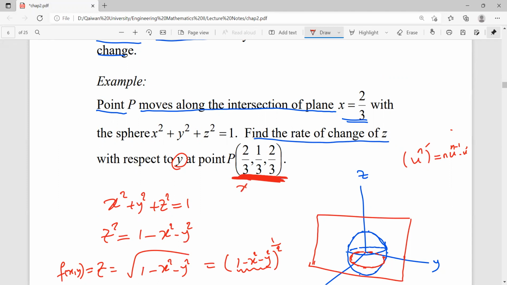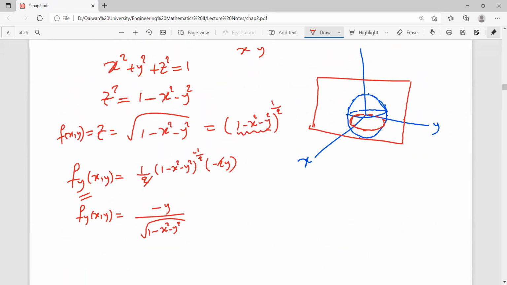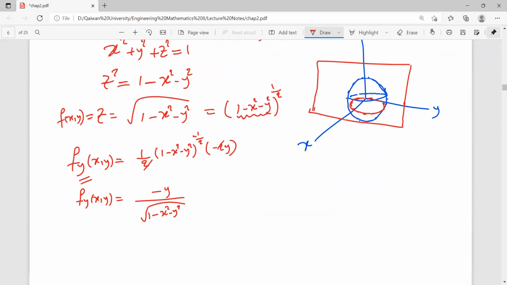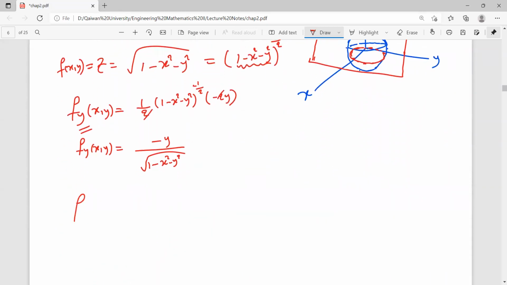The x value is 2/3 and the y value is 1/3. We replace x by 2/3 and y by 1/3. So we are going to find f sub y at 2/3 and 1/3.